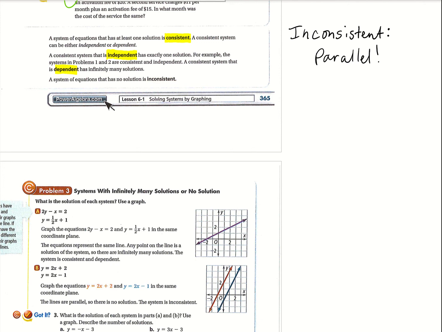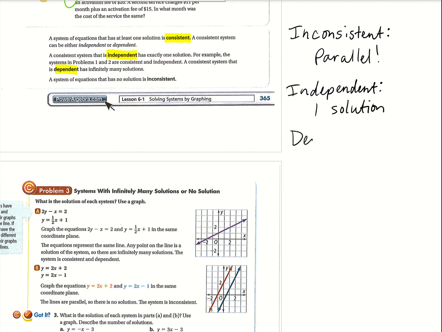On the other hand, we have consistent, and then within consistent, we have either independent or dependent. So an independent system will have one solution. Okay, so this is an example of one, they're just going to intersect in just one spot.